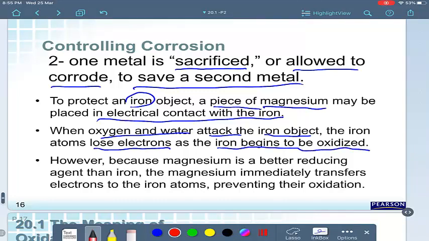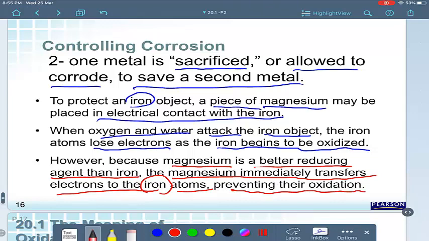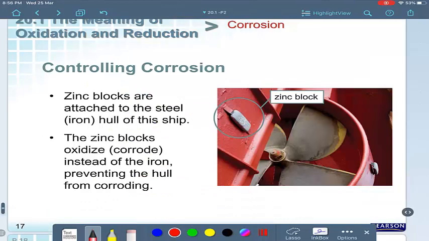Then magnesium is also losing electrons and compensates for the electrons lost from iron, because magnesium is a better reducing agent than iron. It's more active. So magnesium immediately transfers electrons to the iron atom and prevents the iron from oxidation, so iron doesn't oxidize.